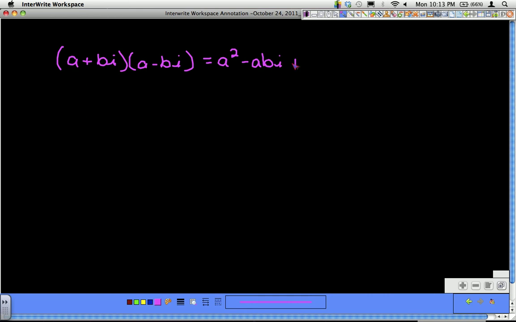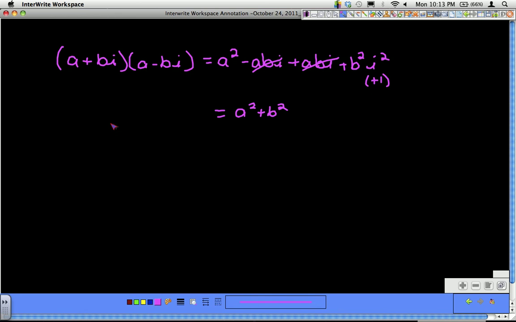Inside times inside, positive abi. And then last times last, negative b squared i squared. Well, we've got opposites here, so they're gone. And i squared is negative 1, and negative times negative becomes positive. So we just get a squared plus b squared.